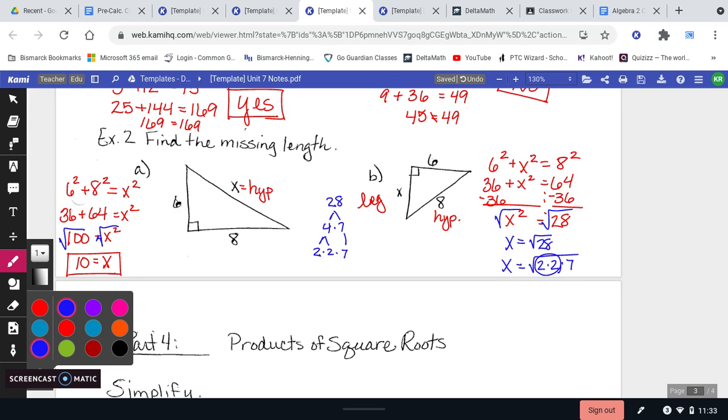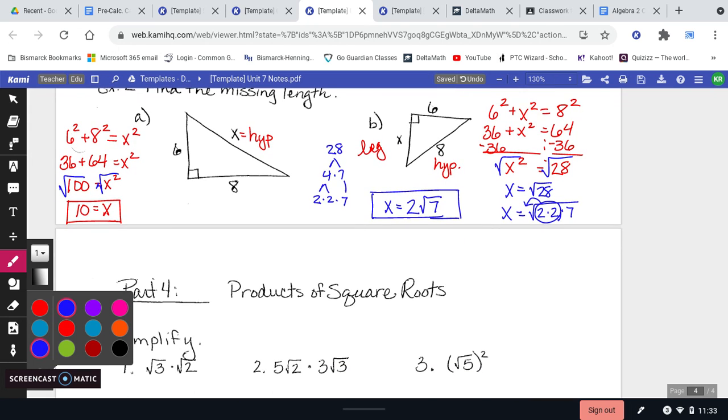We do have a 2 of a kind with my 2's, so my pair of 2's are going to come out front. What's left over is my square root of 7. It doesn't have a partner, so it stays under the radical, whereas the pair of 2's were able to come outside. If it's not a perfect square, this is called simplest radical form. And that's how you do that one.